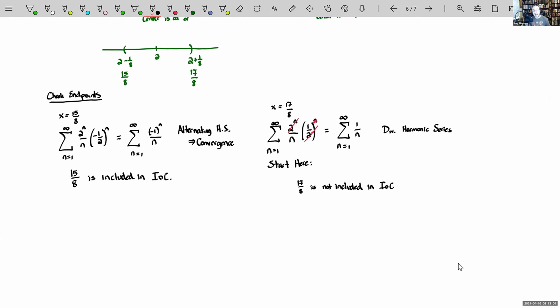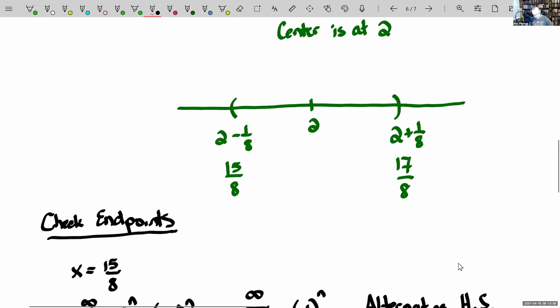So now we know our actual interval of convergence. Remember, when I wrote this down right here, this was the candidate interval of convergence, but we had to check the endpoints.